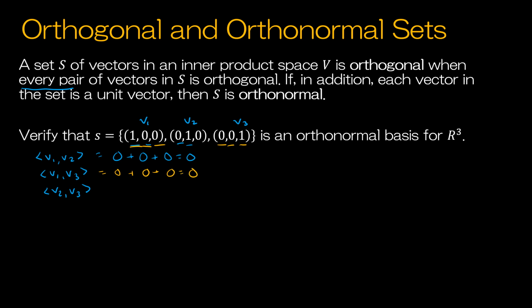And then for v2, v3, 0 times 0 is 0, 1 times 0 is 0, and 0 times 1 is 0, and that's 0. So what I have determined is that S is an orthogonal set.